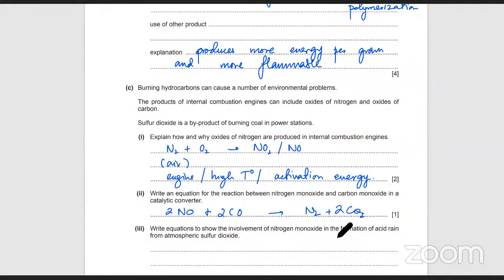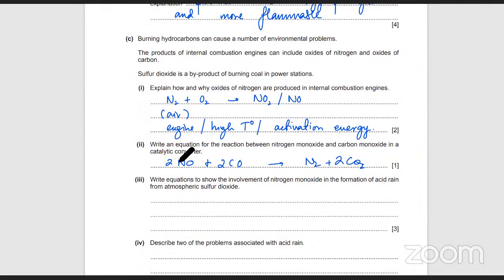Write an equation to show the involvement of nitrogen monoxide in the formation of acid rain from sulfur. So how is acid rain formed? The first step is that the sulfur dioxide reacts with NO2, but your starting point is NO. So the NO first gets oxidized in the atmosphere and turns into NO2.